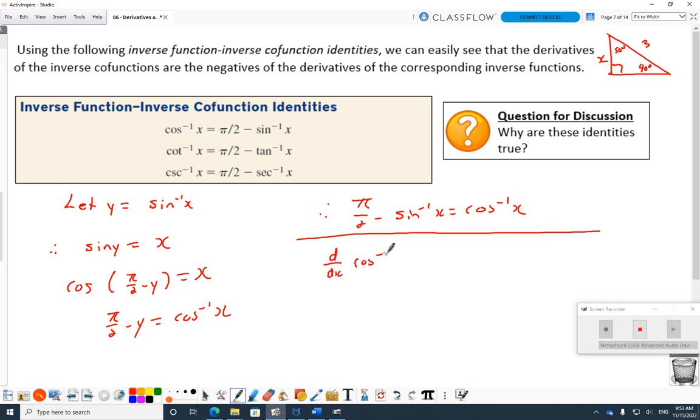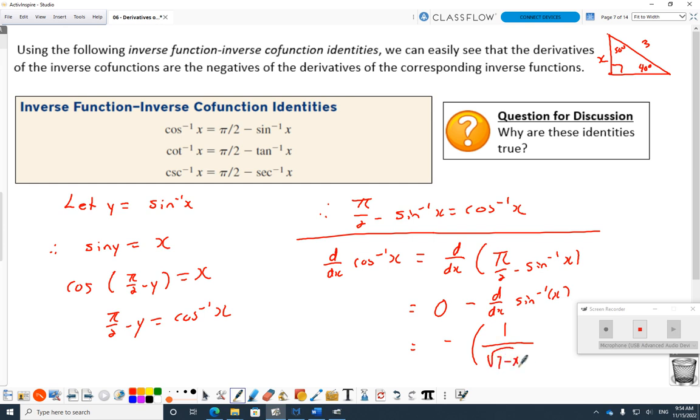The derivative of cos inverse equals d by dx of pi over 2 minus sine inverse, equals 0 minus d by dx of sine inverse, which is negative 1 over square root 1 minus x squared. So those are a handy way to get to those derivatives without going through all the steps.